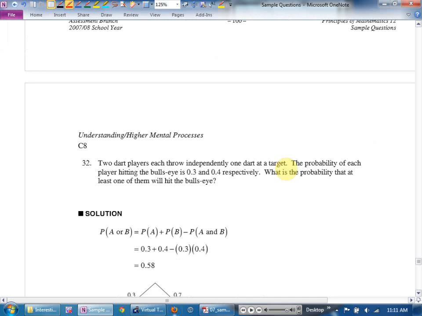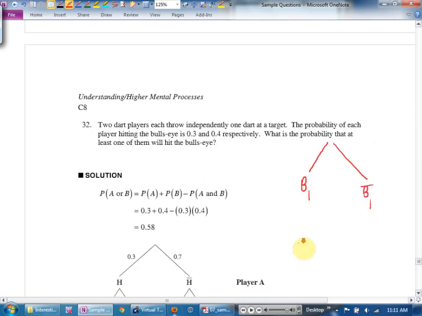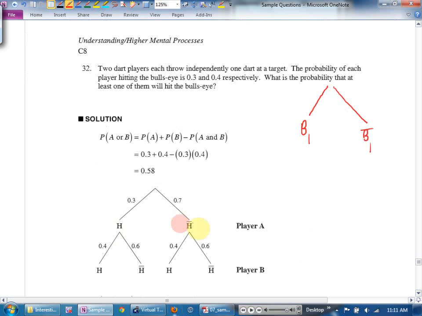Or how about hit, not hit? And the second guy, hit, not hit. So 0.3 chance of hitting, 0.7 chance of missing, 0.4 chance of hitting, 0.6 chance of missing. At least one of them is this one or that one. Now they used or. Oh there it is, right there, 0.58.